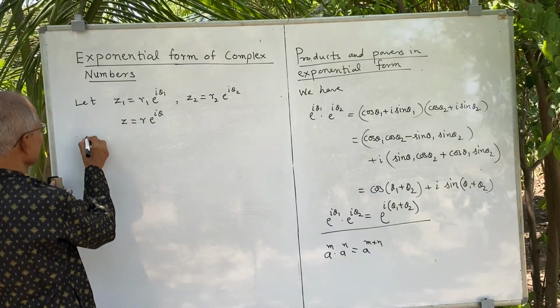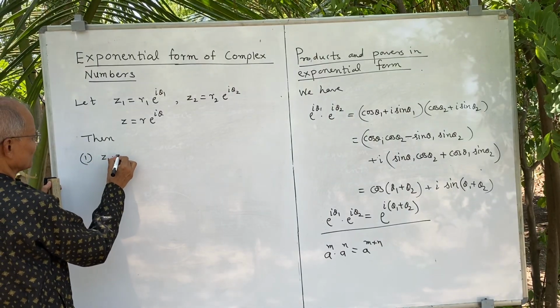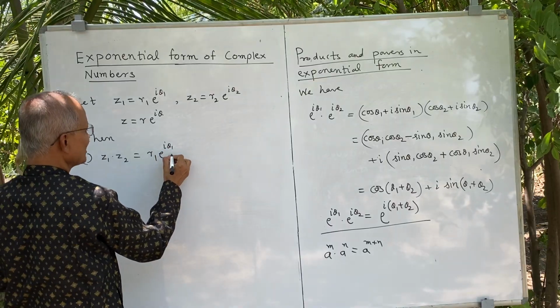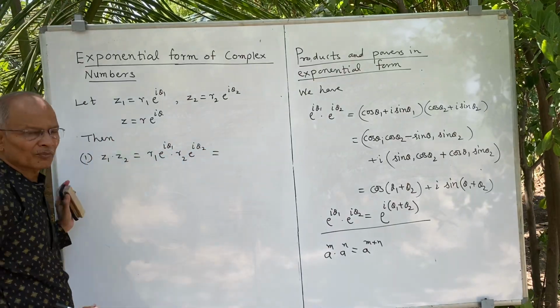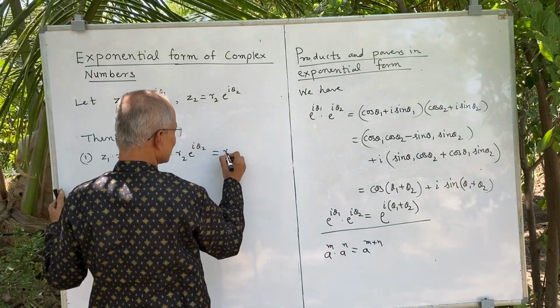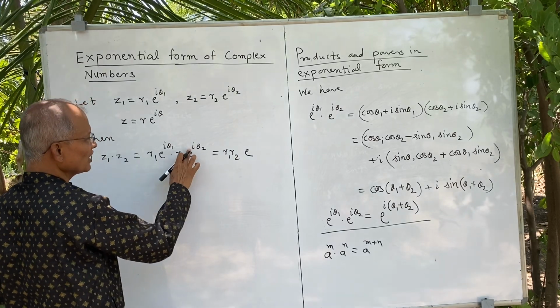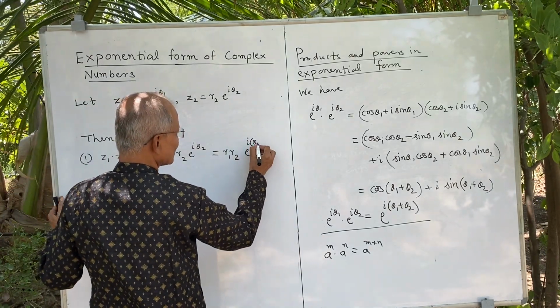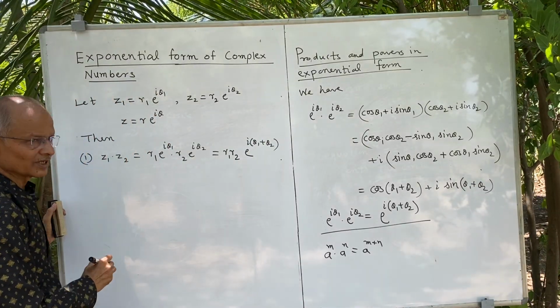Then we have the first result, z1 z2, that is r1 e power i theta 1 into r2 e power i theta 2, and r1 r2 are positive real numbers, so therefore this is r1 r2 and e power i theta 1 into e power i theta 2, and this is e power i theta 1 plus theta 2. So this is the product z1 into z2.